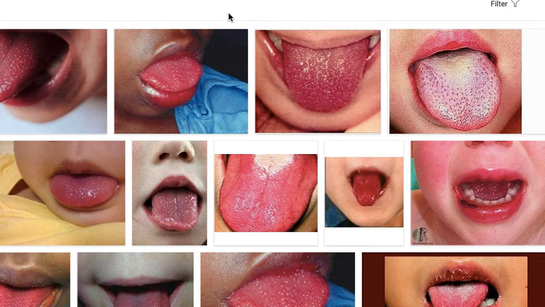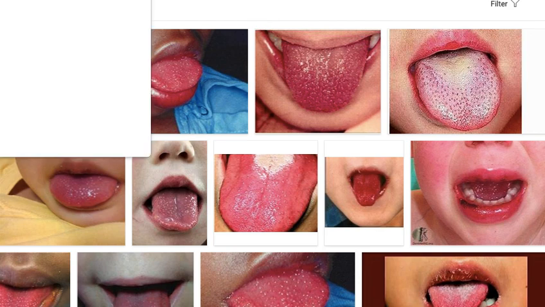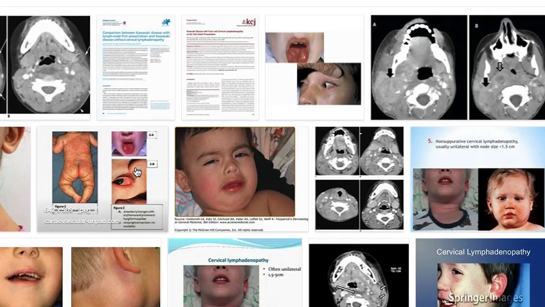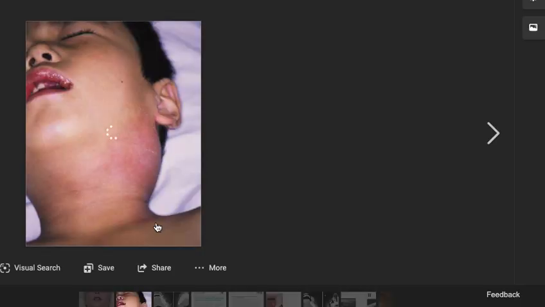Now they have cervical lymphadenopathy. A is for adenopathy, so they have cervical lymphadenopathy. Okay, so see how it looks like. See, now their lymph node gets involved. It is usually unilateral. You can see like this one is fine.